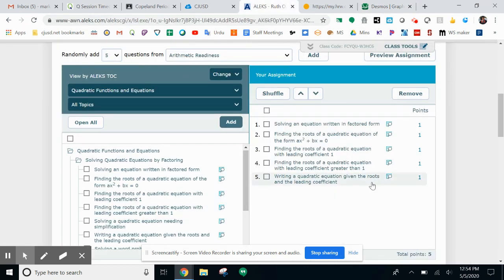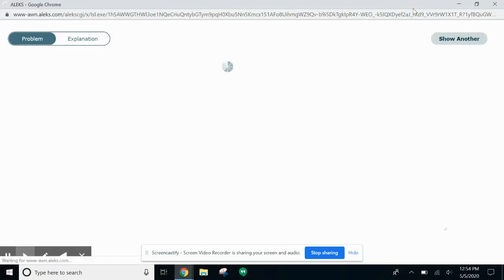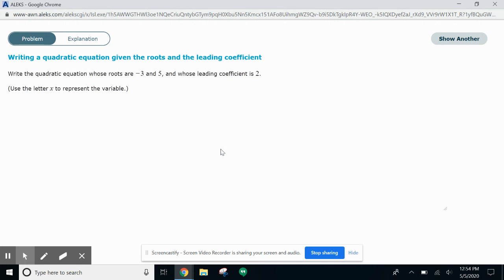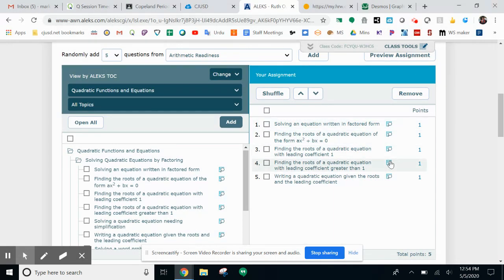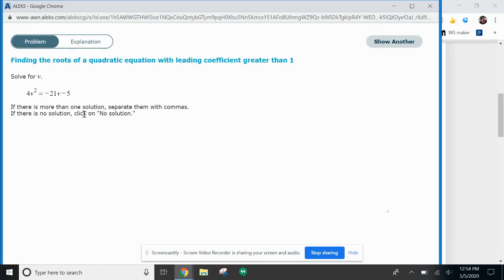So there's one more problem I want to do, and on this one, it's a little bit different because it's kind of going the opposite direction to the ones we've been doing in this video. This is a problem where they give you the two roots and the leading coefficient. Just like in this problem, we had a leading coefficient that was 4, or in the last problem 5.